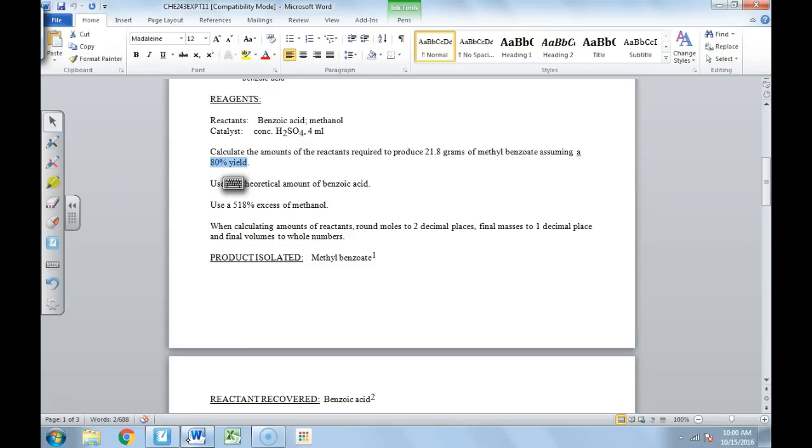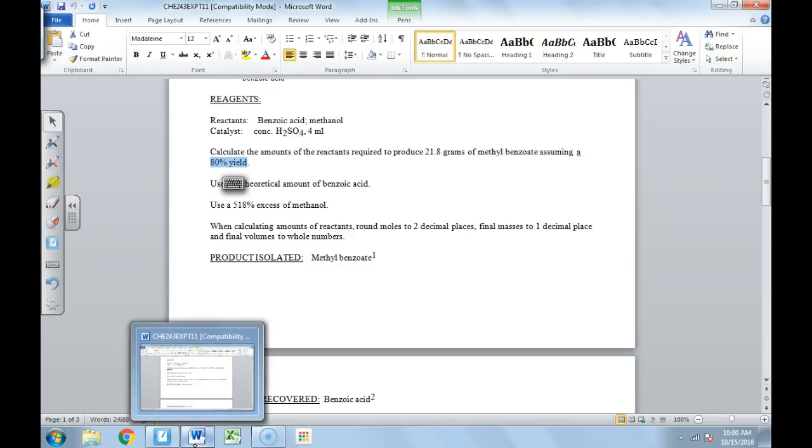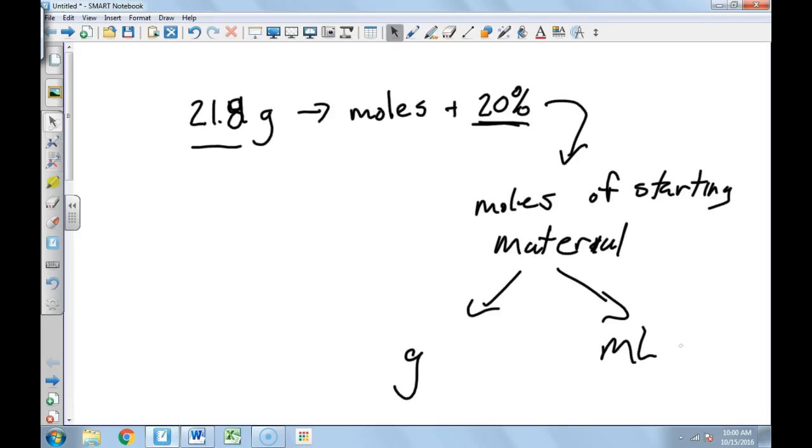So once you have how many milliliters of methanol, you can then add plus 518%. So that's kind of the pre-lab stuff.